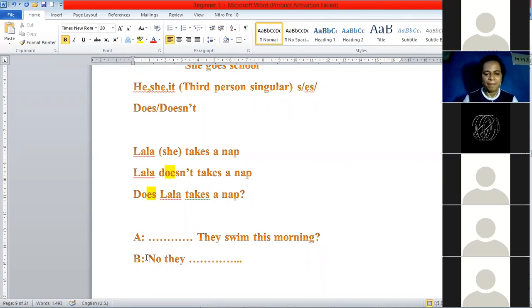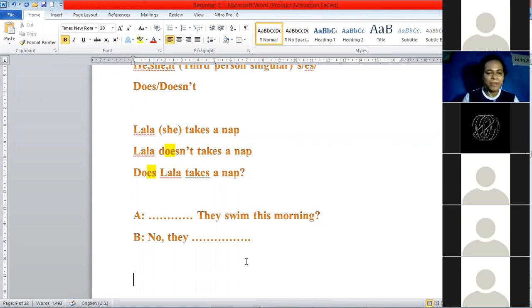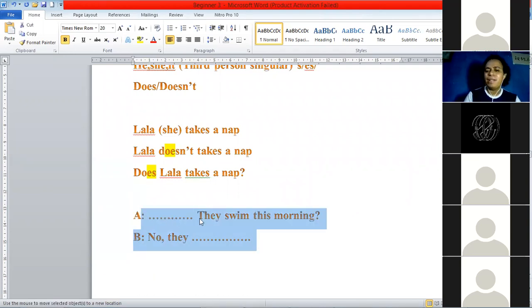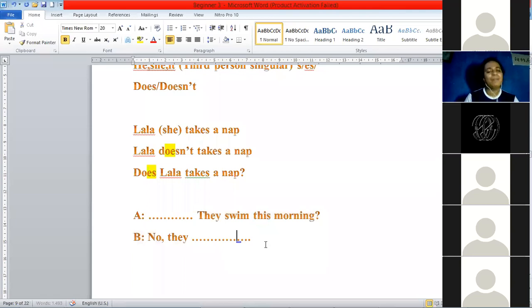Can you fill in the blank parts, this one and this one? Can anyone do that? This is still present tense, still related to present tense. They swim in the morning. No, they blah blah blah.